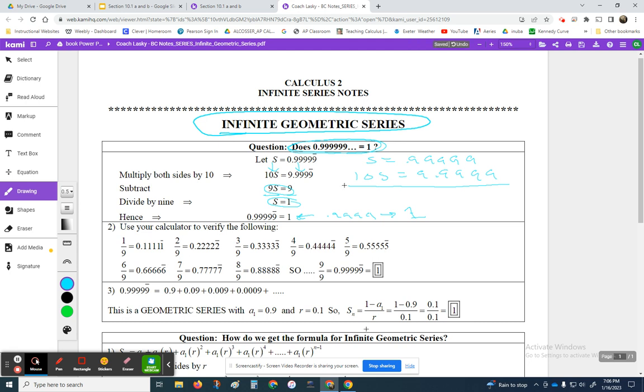And if we think about it, 1 divided by 9 is 0.1111, 2 divided by 9 is 0.2222, 3 divided by 9 is 0.3333, 4 divided by 9 is 0.4444, 5 divided by 9 is 0.55. As we work our way up, 9 divided by 9 is 0.9999, which is approaching 1. So it converges on a finite sum.